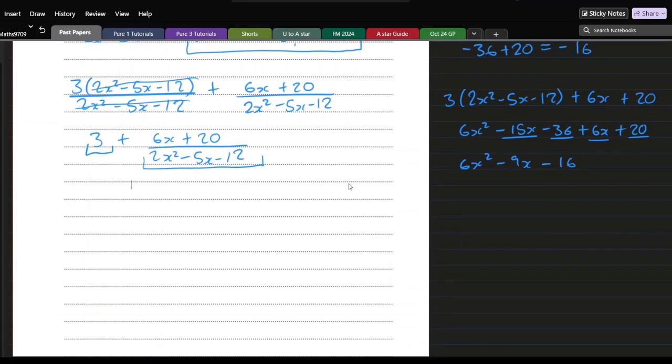Now we can go on to decompose this proper fraction into partial fractions. So we've got (6x plus 20) over (2x squared minus 5x minus 12). We should probably factorize the denominator first into its linear factors.